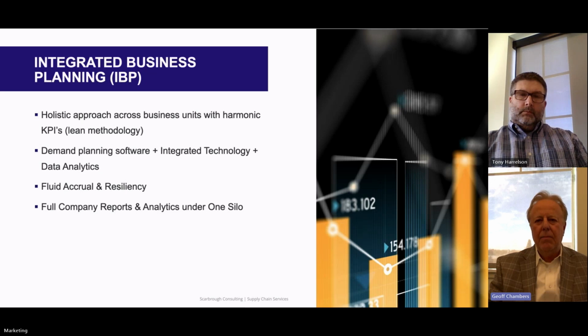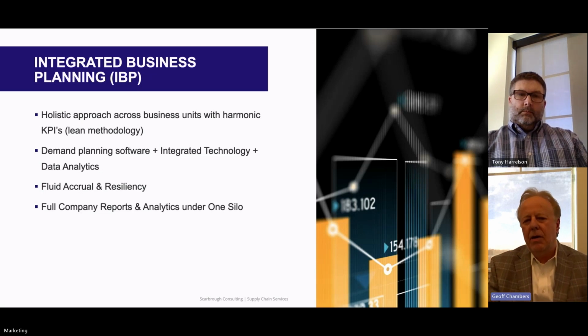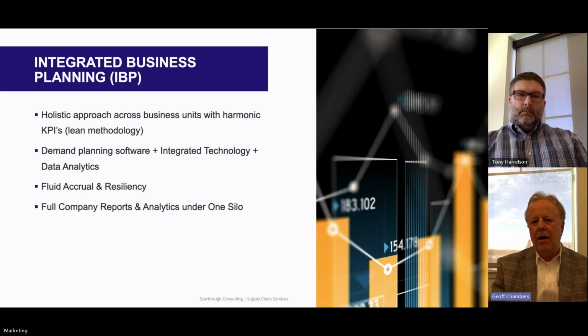When you think about integrated business planning and you include all the business units, like operations, IT, sales, marketing, customer service, logistics, transportation, international, global trade, the goal is to create some directives and collaboration between all of those business units to create KPIs that are harmonic with company goals.